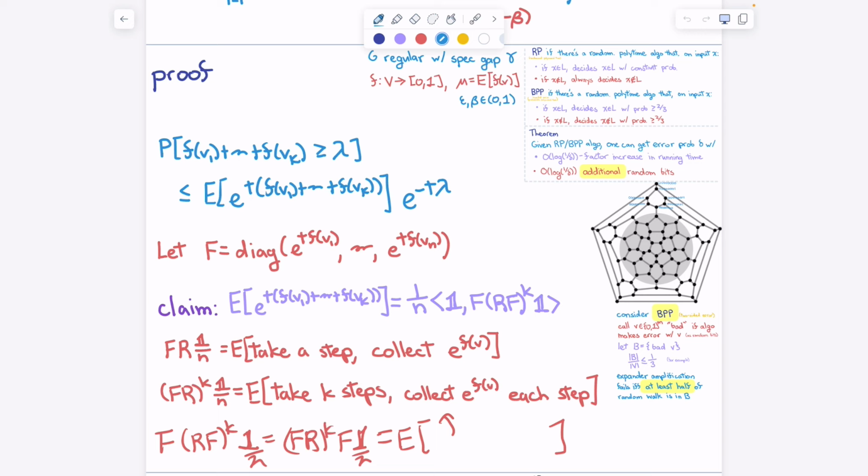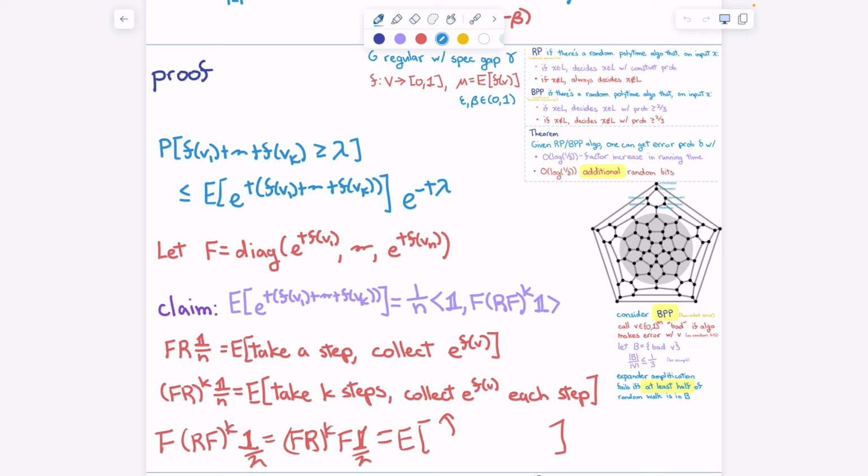So we're not directly analyzing the sum, we're analyzing e to the sum. You can think of that as e to the fv1 times e to the fv2 times e to the fv3. At the first step, you're at some distribution, and you just get e to the expected stuff. So you apply F once. You take another step, and now you're at some distribution over v, and you get e to the coins, and you multiply that in, which is adding in the exponent. So each F in the middle is when you're collecting the coins in this multiplicative way, and an R in between is taking another step.